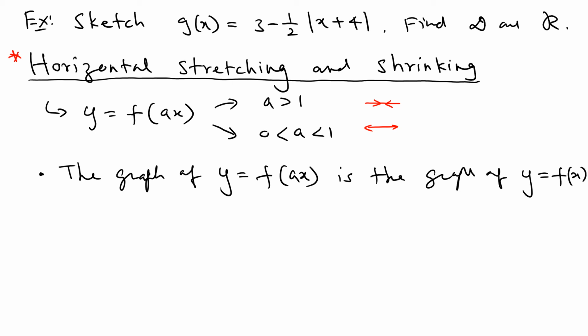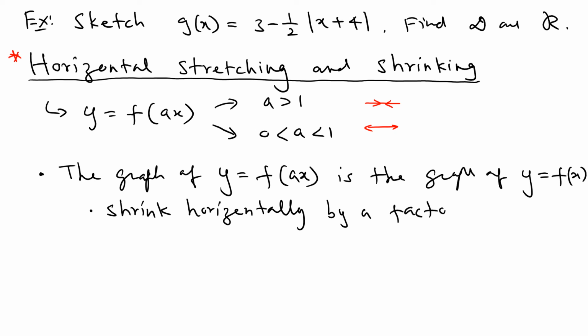Let's do the two cases. The first one: shrink horizontally by a factor of 1 over a. It's not a, it's 1 over a.